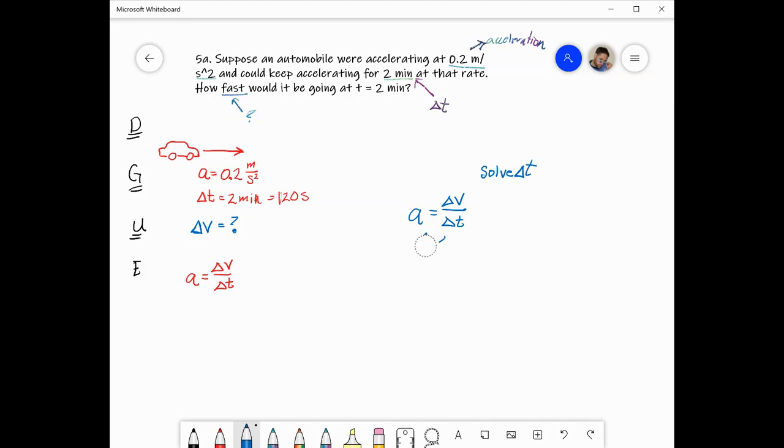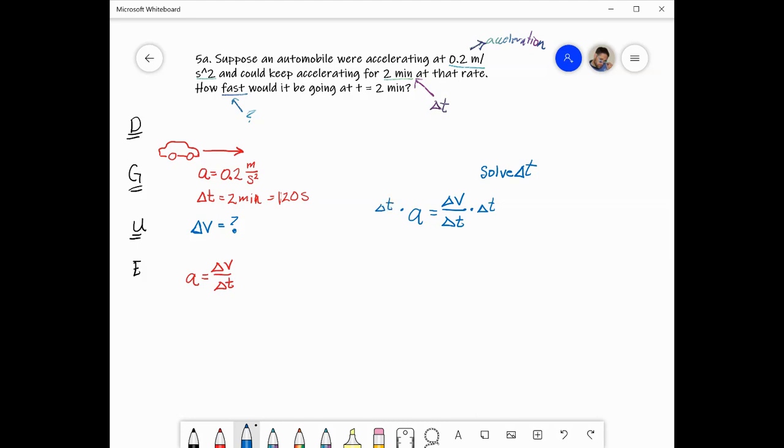And algebraically speaking, that's not too hard. Right now, delta V is being divided by delta T. So I need to do the opposite operation here. And so I'm going to multiply both sides by delta T.